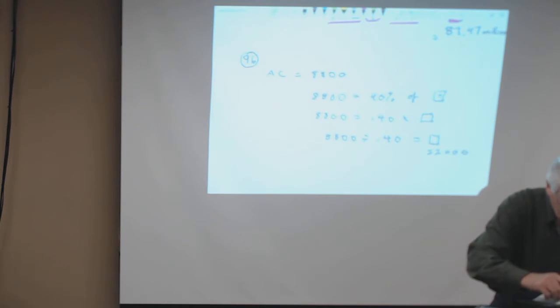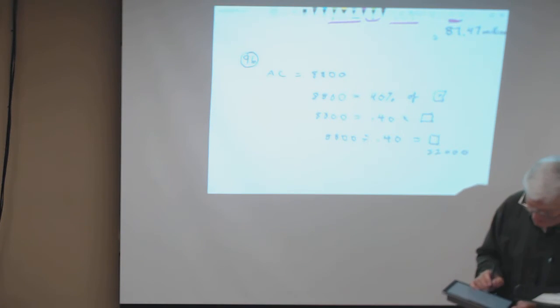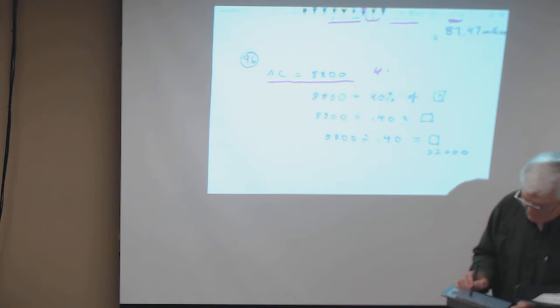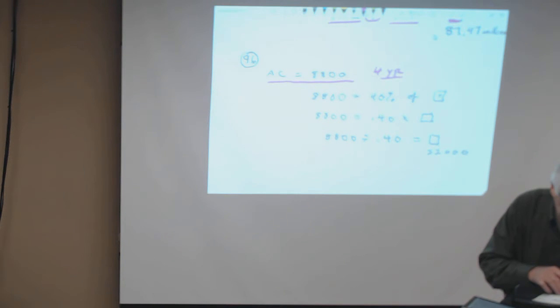96. The average annual cost of tuition, room and board at a 4-year public college is $8,800. So the average cost at a 4-year college. And then look what it says next. And is about 8,800.